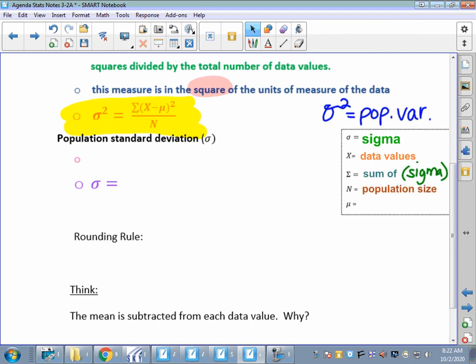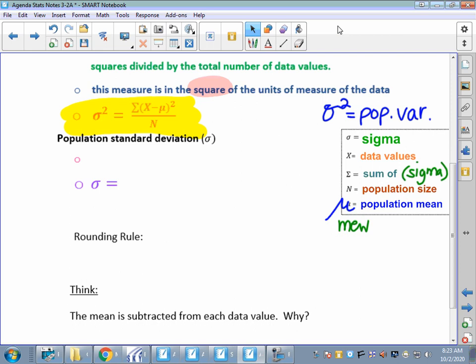Capital N is the population size. And everybody remembers what mu is. Remember, this is mu, is our population mean. So this is still math. We have some work to do for population variance.